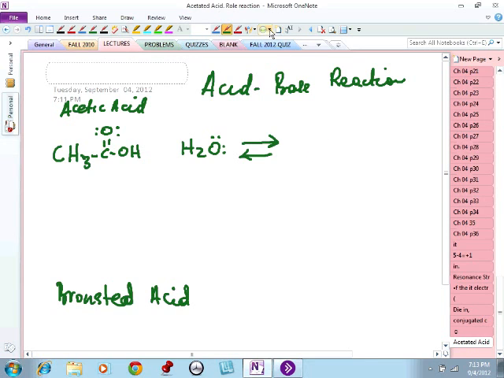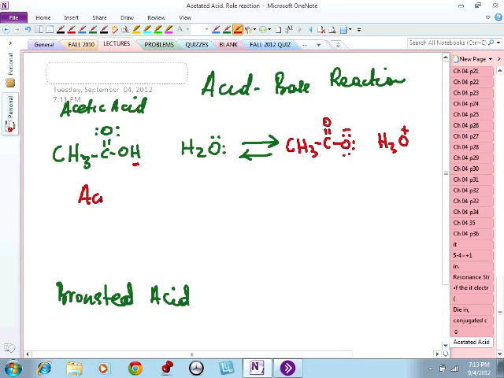So therefore, the acetic acid will donate this proton here to oxygen, to water, in which now water will have a formal charge of +1 on oxygen, and a formal charge of -1 on one of the oxygens of the conjugate base of acetic acid.